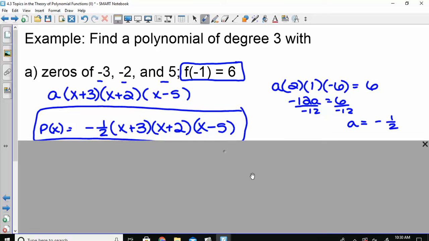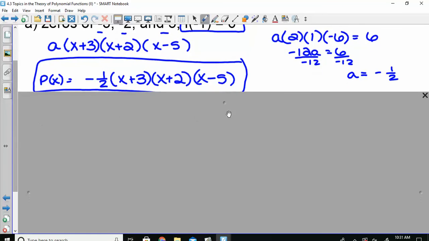So I didn't have any imaginary zeros there, but I did give you enough information to find your coefficient. One more look at that.